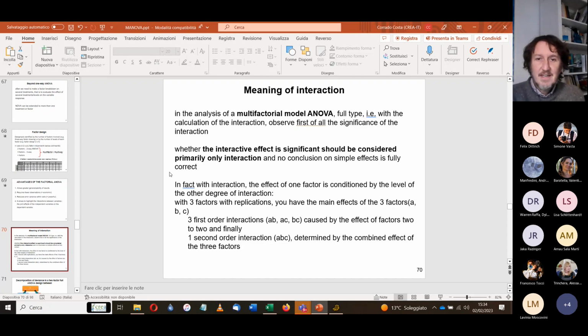The interaction is, of course, the interaction between the effect of the 2 factors. So in general, you have to discuss, first of all, the interaction of the effect. If this interaction is significant, you can only discuss the interaction without observing the single factor. However, you can say a few words also on the single factor effect.